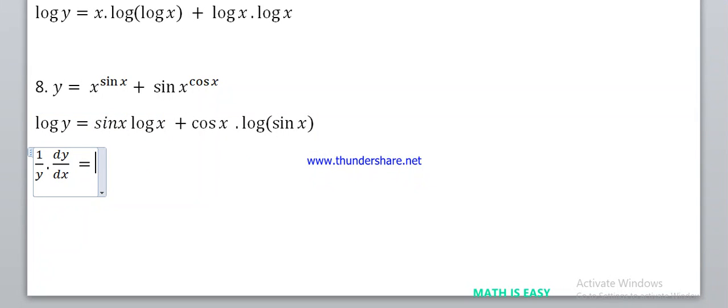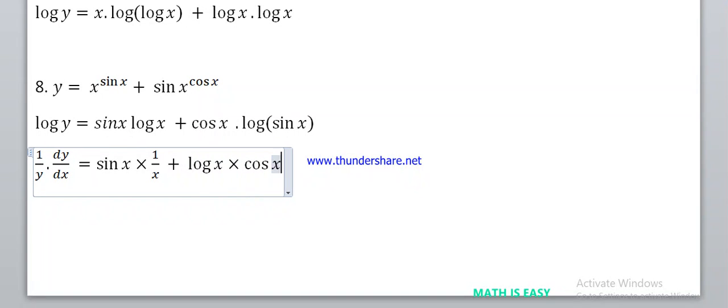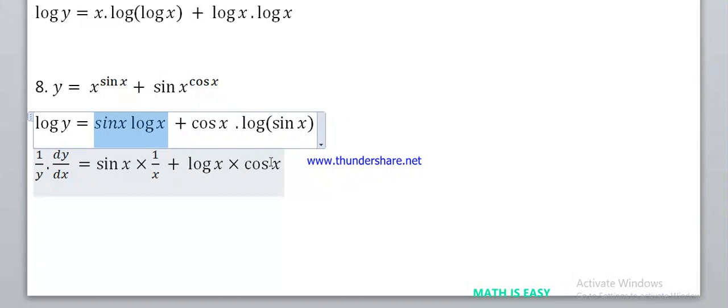So u, sin x, into derivative of v; derivative of log x is 1 upon x. Plus v, log x, into derivative of u; derivative of sin x is cos x. So this term's derivation is done.